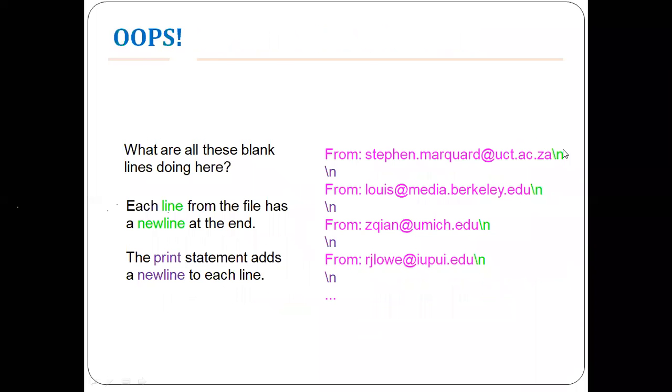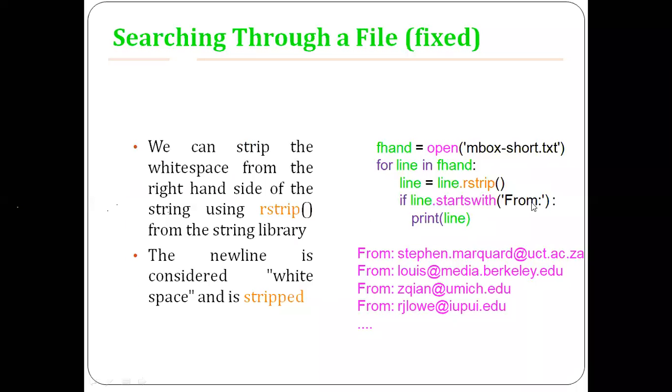If you strip that character or the white space at the end of the line, you then search for the line which starts with from. If it starts with from, that line will get printed. Now all the lines have had the white space or the new line character stripped off. So the output is From stephen.marquard at uct.ac.za, and so on, without the blank lines, because the new line character has been removed from the original lines.